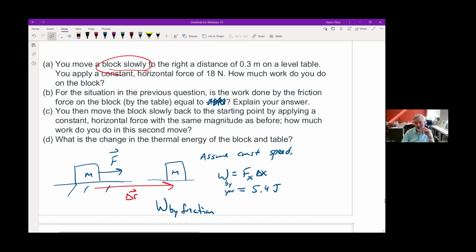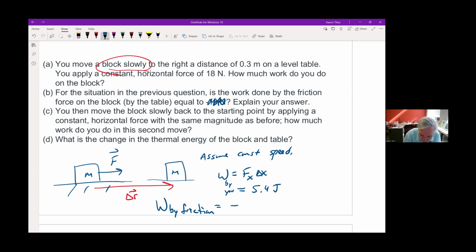Okay. So what is the work done by friction? You're welcome to say what you think the most common answer would be, and if you think it's different than that, what would it be? Probably minus 5.4. Yes.